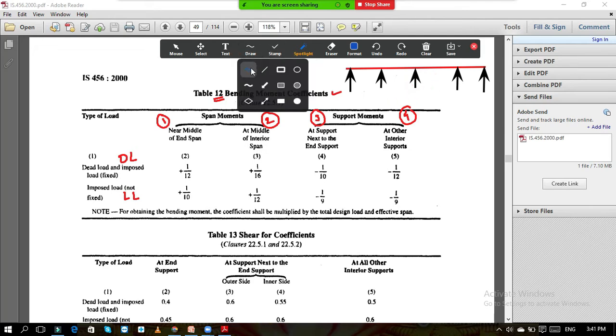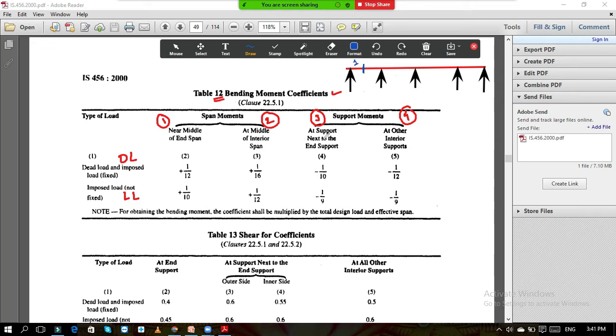So now here first we are going to calculate at the middle of end span. Middle of end span means this point. This is first number, I will write here first. Middle of end span. At this point we are going to calculate the bending moment.